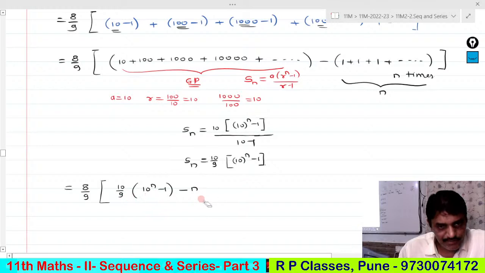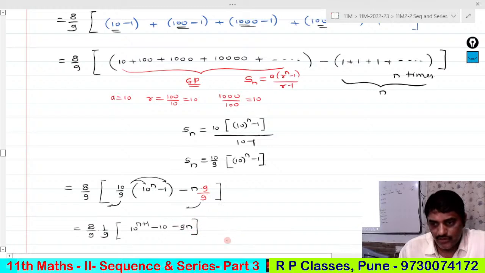To get that base I will multiply and divide here by 9. सही है, एंड दिस 9 एंड दिस 9 आई विल गेट इट आउट. एट द सेम टाइम मैं इसको 10 से मल्टीप्लाई करूंगा, तो कुल मिलाकर क्या होगा देखो, 8/9 इंटू 1/9, 10 इंटू 10 रेस टू n is 10 रेस टू n plus 1 minus 10 minus 9n.